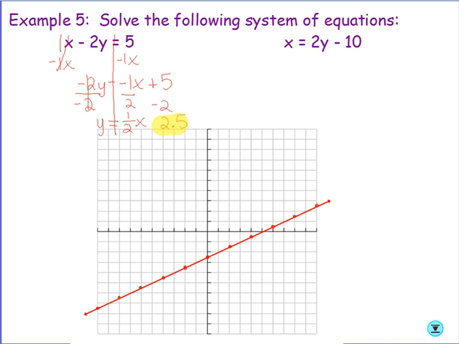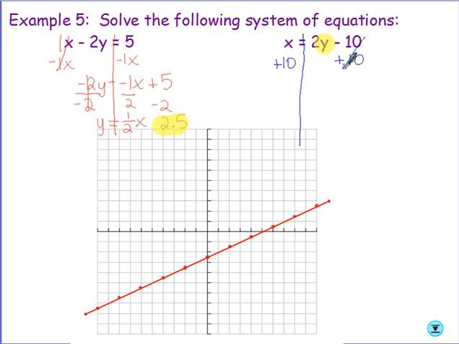And let's look at the second one. Now, I'm guessing this one is going to confuse some of you guys. Remember, you need to get y by itself. So don't move the x this time. Move the 10. I'm going to add 10 to both sides.